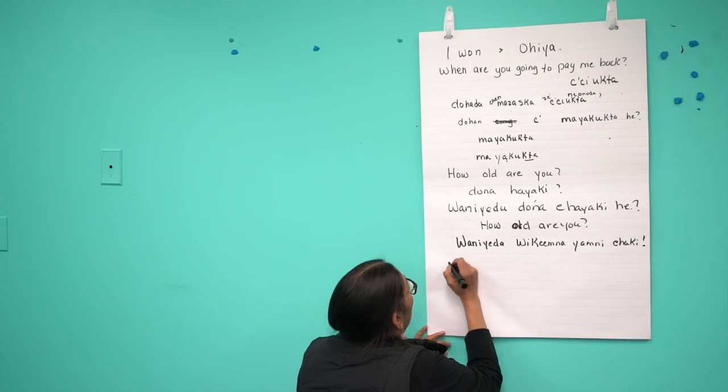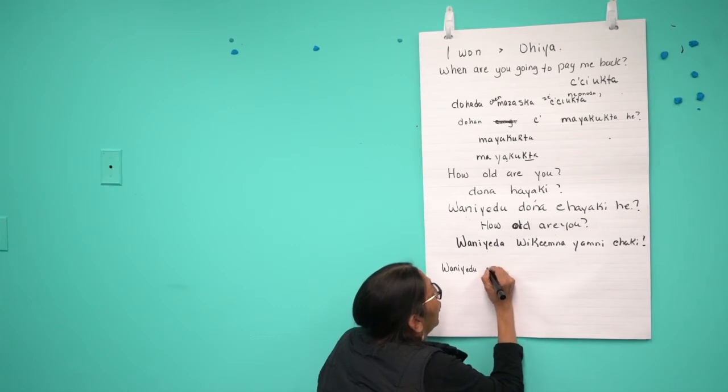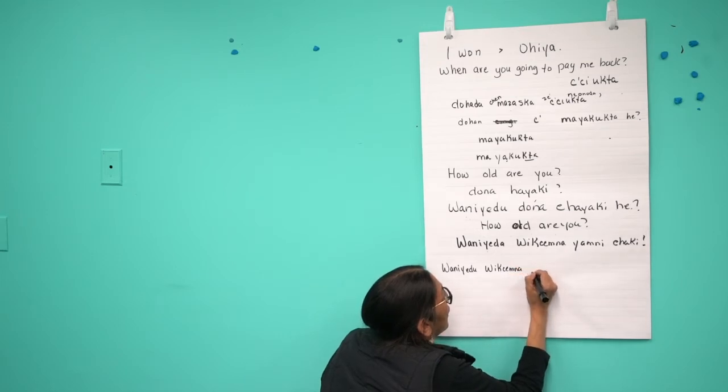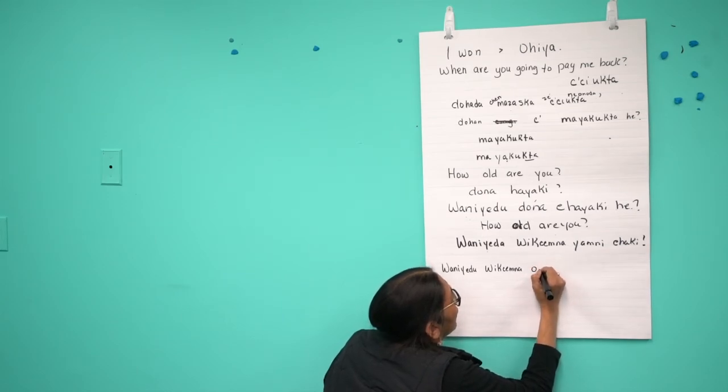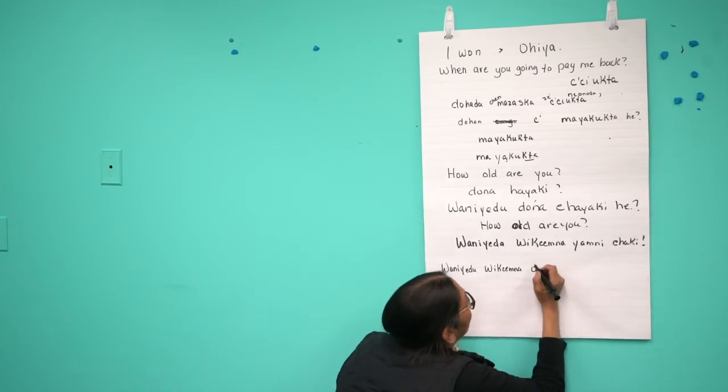Or, Waniedo, mia, wikjemna, obawinga. No, that's not right. I was 10 100s. Wikjemna.